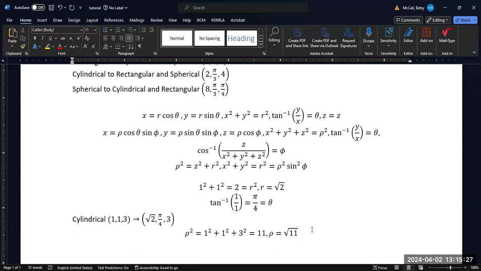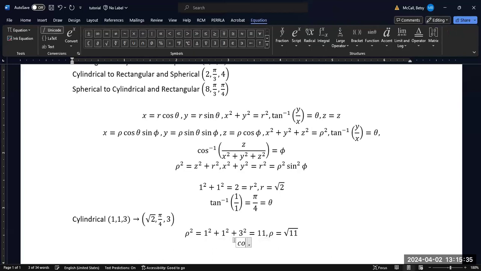And then, as I said, theta is the same, but then I'm going to need to find phi, and this is probably not going to be a nice angle. Inverse cosine of the z coordinate divided by, in the denominator, rho. And this is not going to be a nice angle.